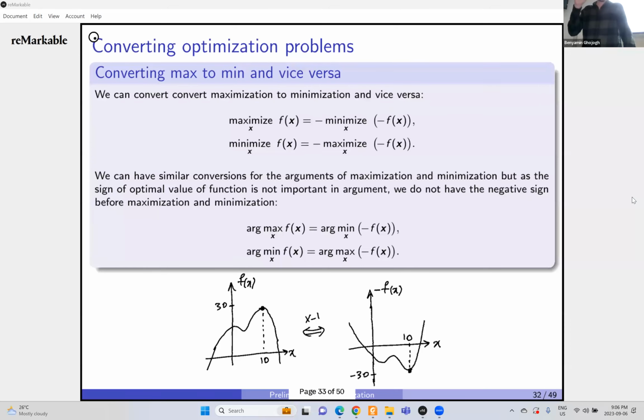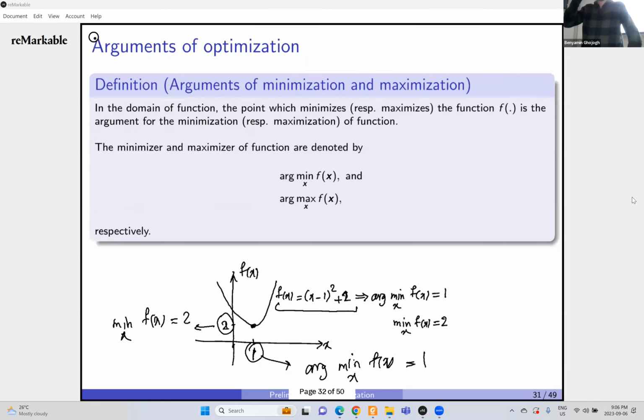By the way, if it goes like this, its argsupremum is not defined, right? Or it might be infinite. However, if it is like this, its argsupremum is this x.